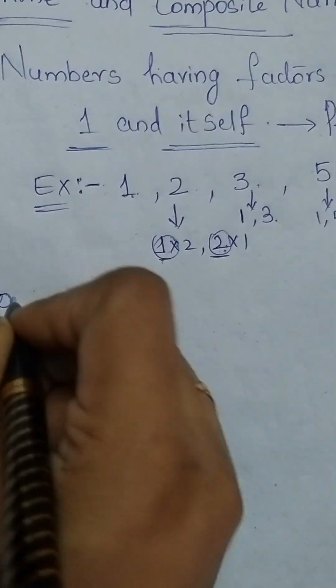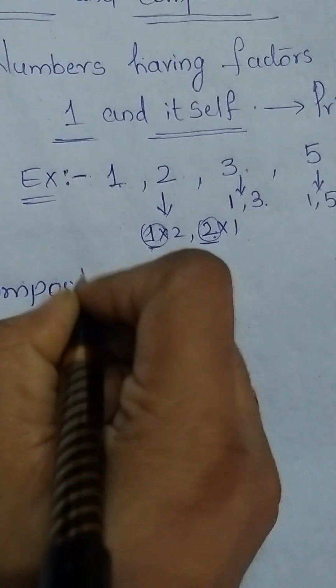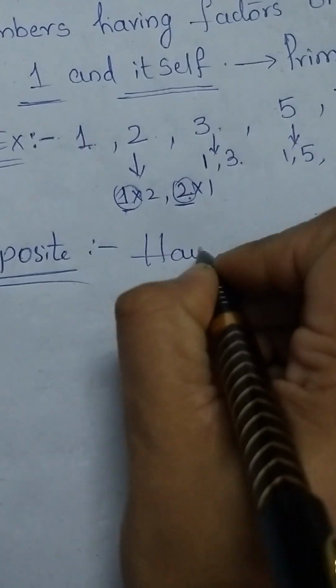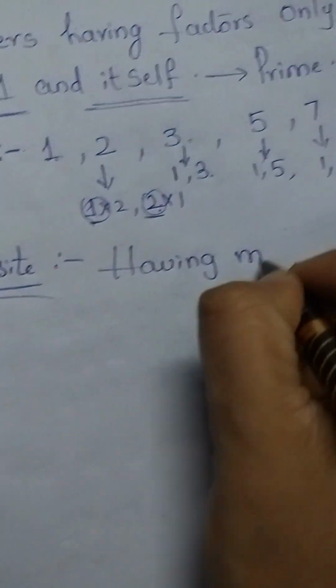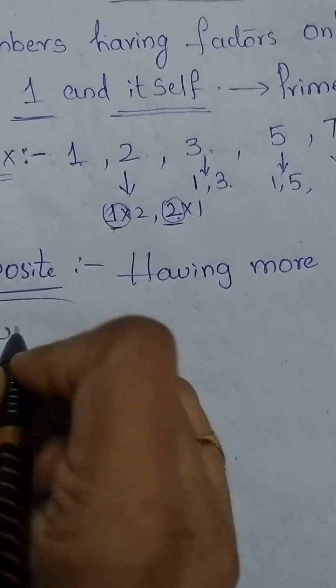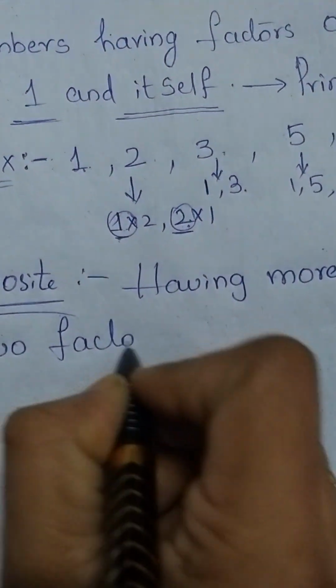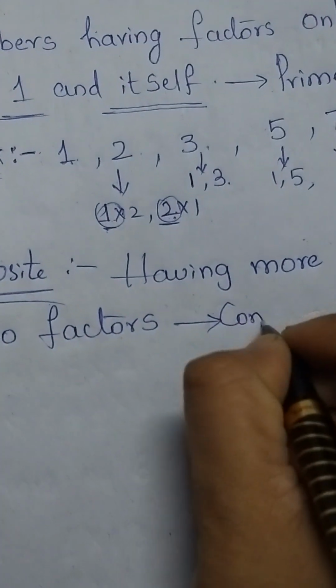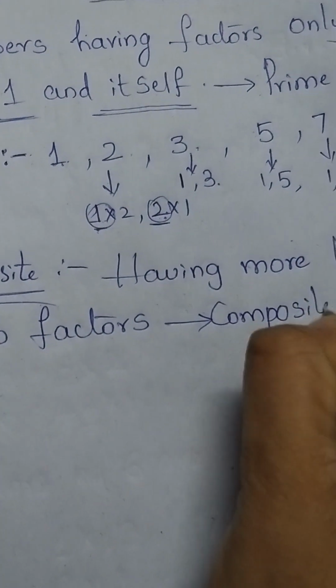What is composite? Composite numbers, children, are numbers having more than two factors. More than two factors is called a composite number.